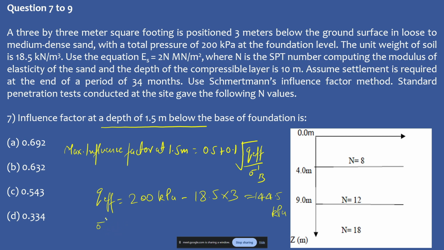Then your sigma dash b is evaluated at the depth of interest. You have been asked at 1.5 meters, so 18.5 into 1.5 plus the depth of the foundation, which gives 83.25.